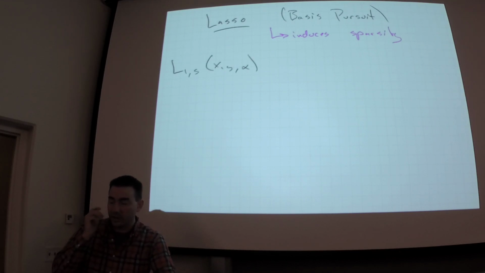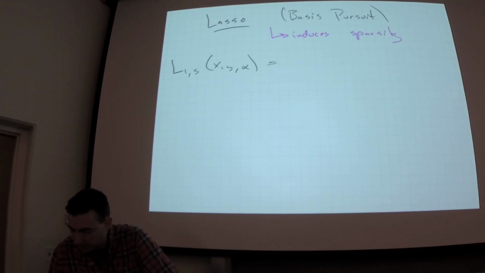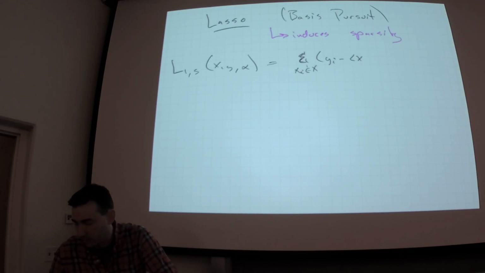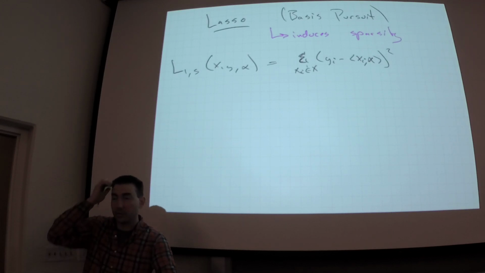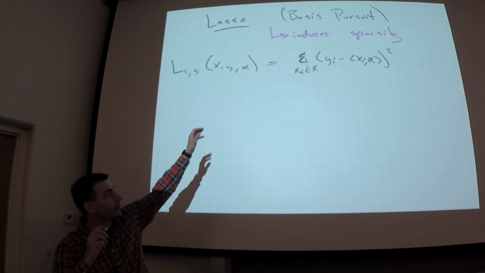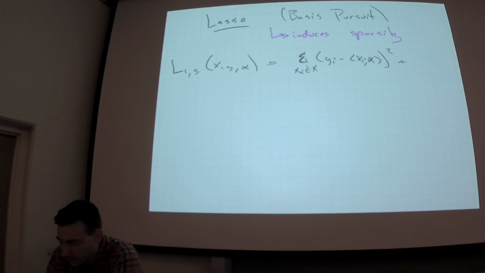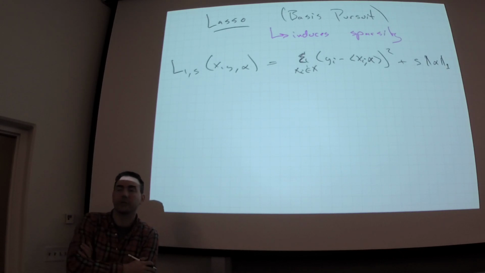I'm going to change the objective function a little bit again. For every data point, I have the least squares part of it, the residual, and now I'm going to add a regularization term.